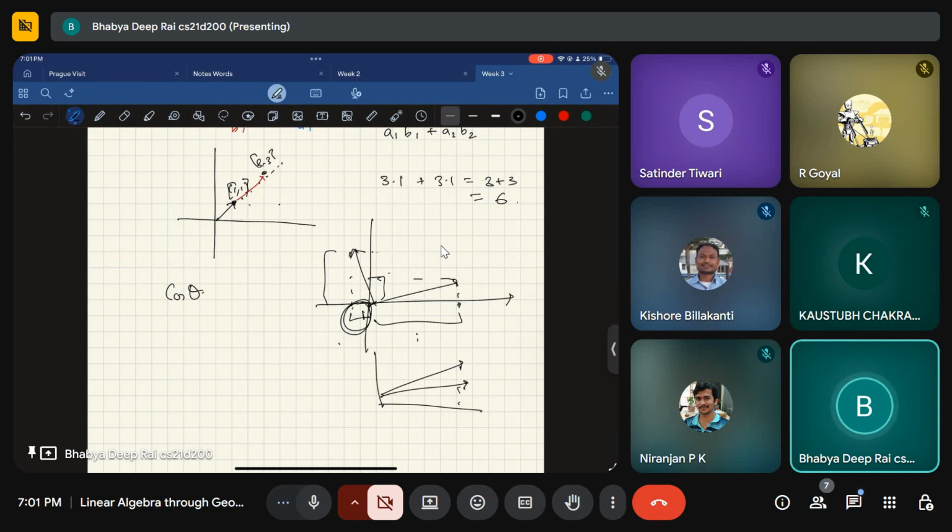If this part is overpowering and the other part is not getting overpowered by this particular axis, then this will have a negative effect, and your dot product will be closer to 0, and so on.